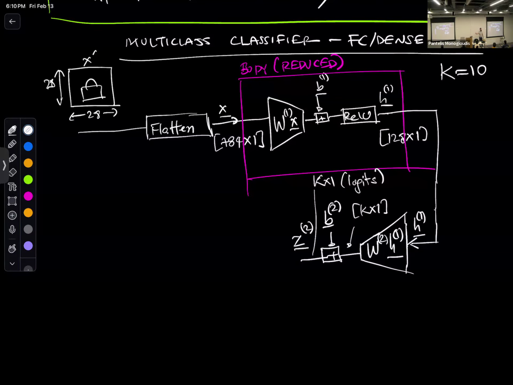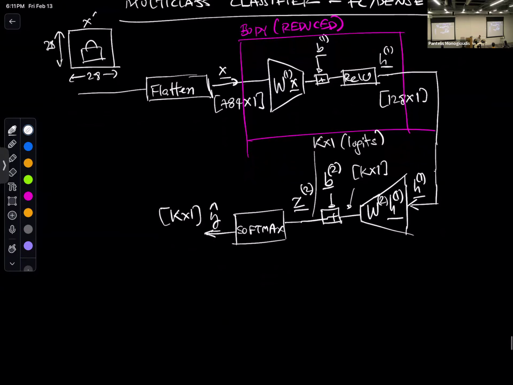Being a posterior probability distribution, I will need to use something that I will call softmax to create it. And this is going to be called y hat with underbar now. There is an underbar in this y hat because it's a vector. And this vector is k by 1. And let's see what's happened.